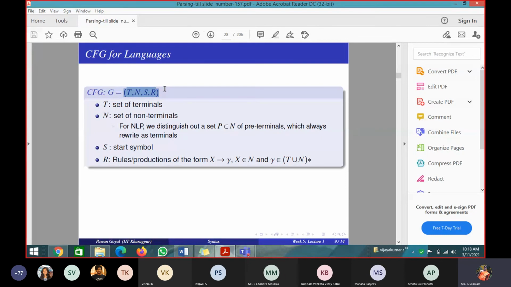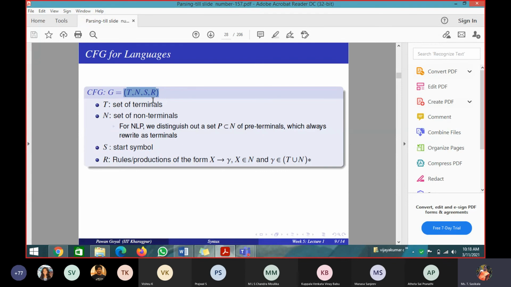Leaf nodes of the tree. So T we call as a set of terminals. From the terminals I cannot derive anything. So that is called terminals. The terminals, or the leaf nodes in the tree, always have the words which are present in the sentence. It is always at the end. From this I cannot derive anything.